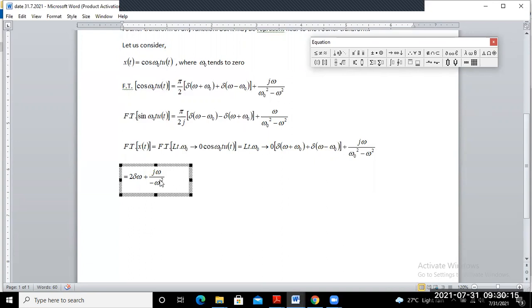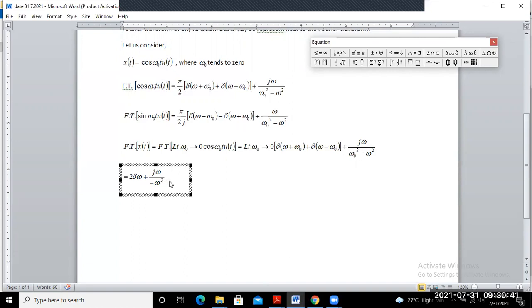So this omega in the numerator and one omega from the denominator cancel out, and if this j is placed in the denominator, this minus 1 can be written as j square. So 1 j from the numerator and 1 j from the denominator cancel out.